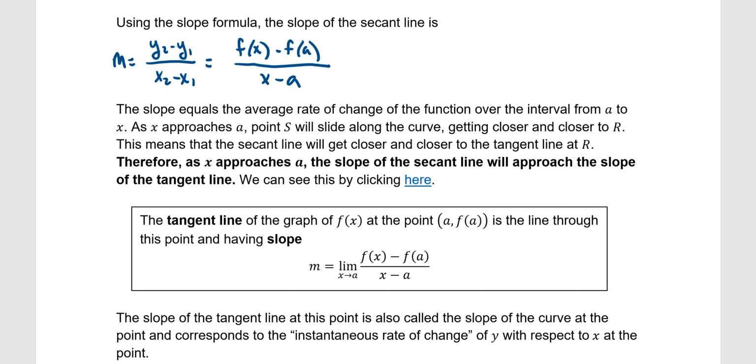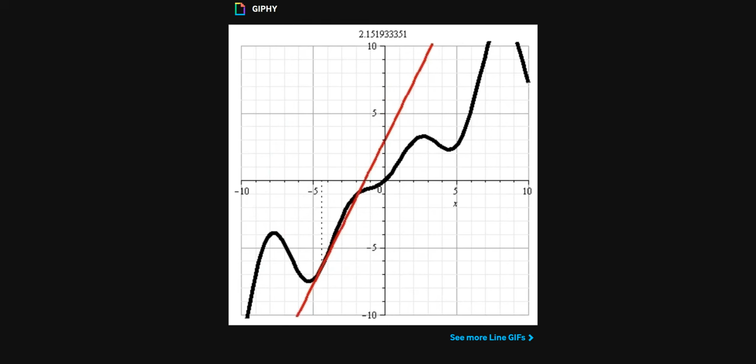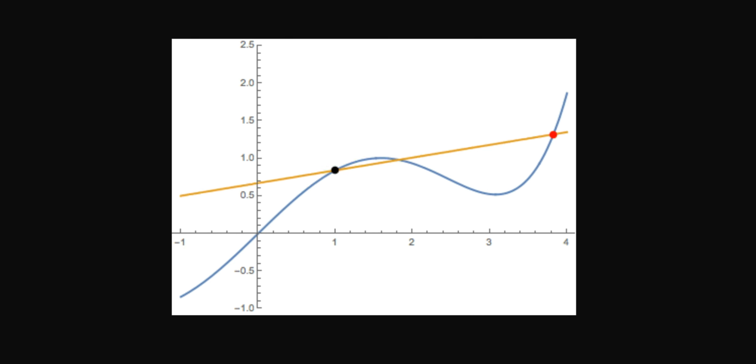So let's click this link right here and take us to a better visual than my explanations. So here is pretty similar to a curve I have, a little bit different obviously, but the blue curve is our function, and then the black dot is our point that we called R, where we're trying to figure out the slope of the tangent line. The red point is point S. Between them is a secant line.